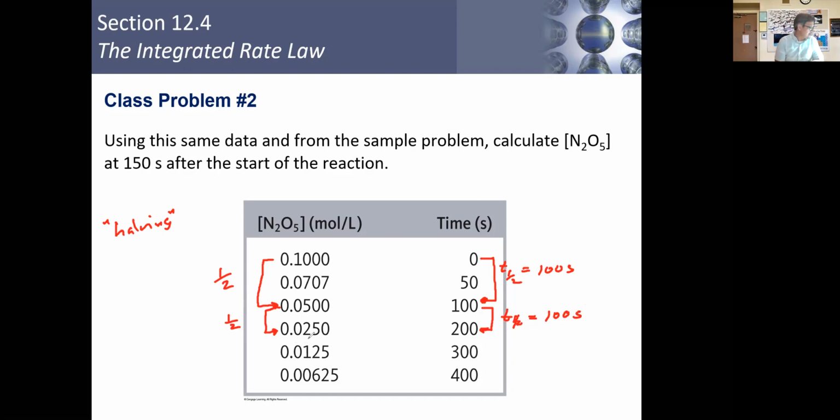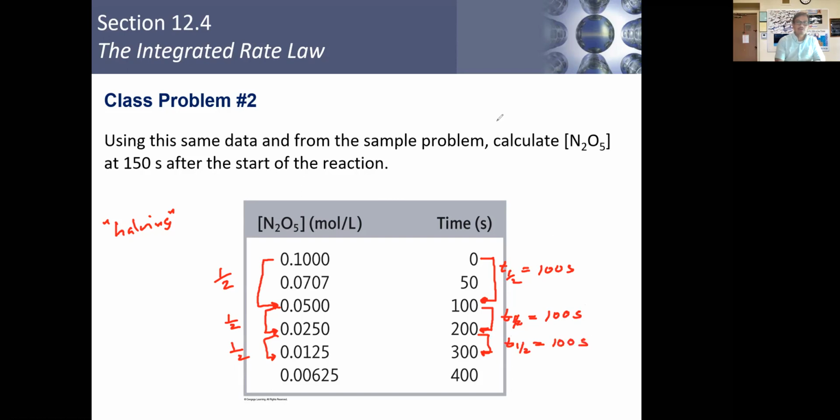We can do that for the third one right here, taking half of 0.025. We reduce the concentration by another half, which is going to take us to 0.0125. If we cut the concentration in half again, it takes another 100 seconds.